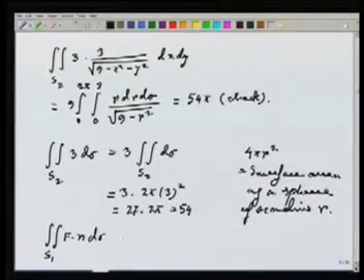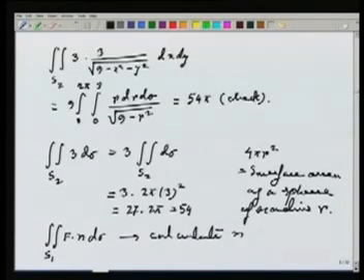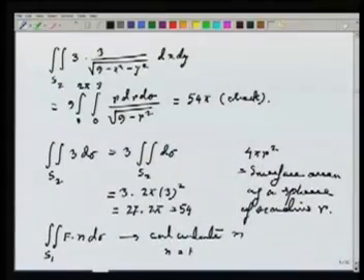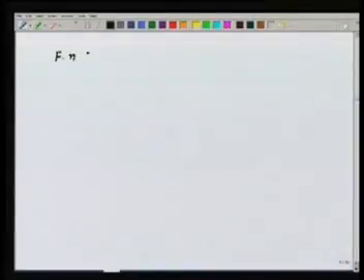In this case, first I have to calculate n. Earlier the n which I calculated is for the hemisphere. Now it is for the case z equals 1. But in that case, I know that n is actually equal to k, that is the outward unit normal vector. So f dot n, since I know the value of the function, is nothing but z minus 1.